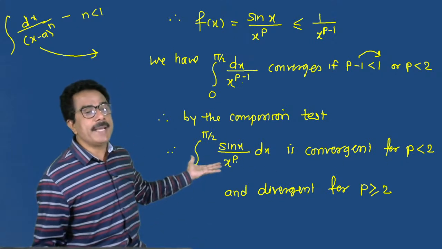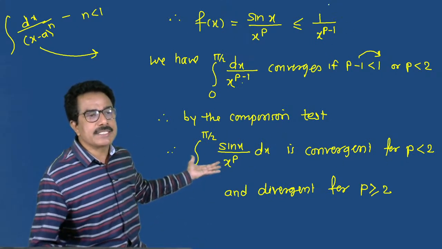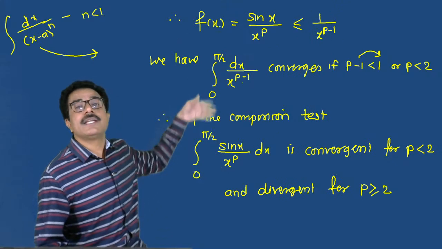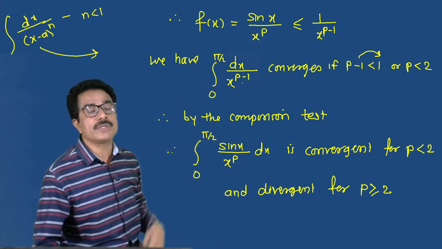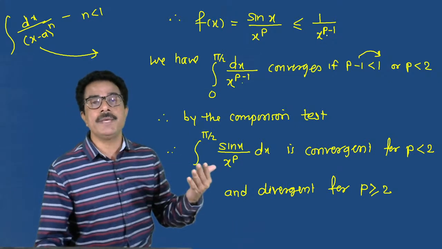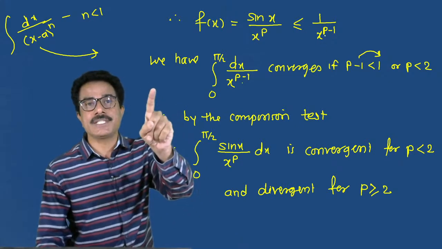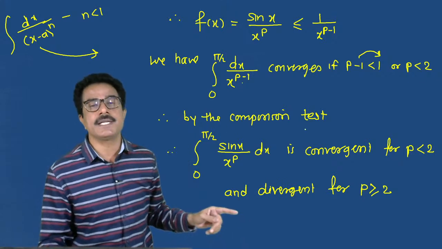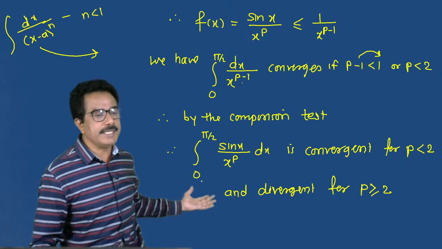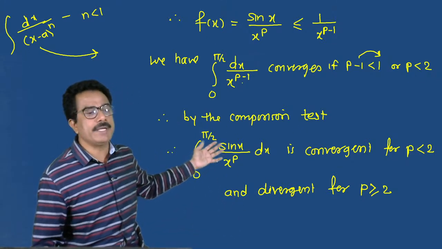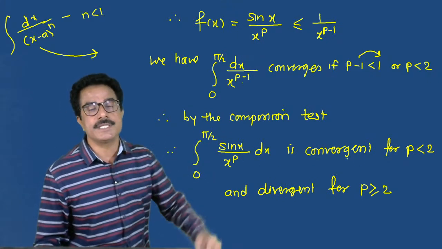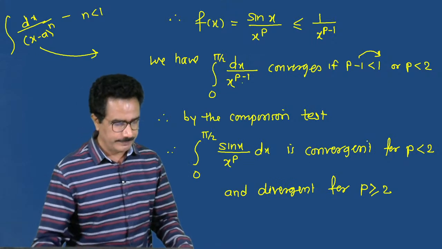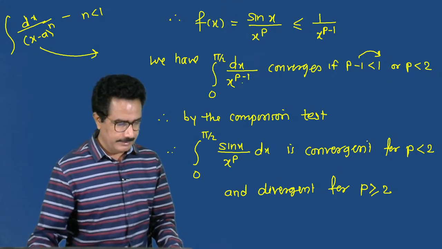So by the comparison test, मग आता हा इंटिग्रल जर कॉन्व्हर्जंट होत असेल तर f of x सुद्धा कॉन्व्हर्जंट होतो, because f of x is less than or equal to 1 upon x raised to p. So by the comparison test, we can say that the integral from 0 to pi by 2 sin x divided by x raised to p dx is convergent if p is less than 2. Okay.